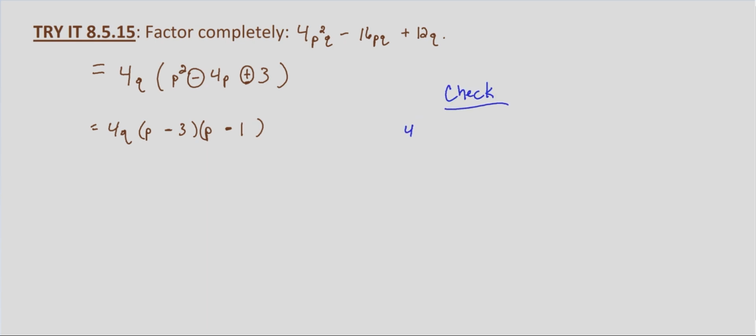So this would be 4q times p is p squared. Outside is minus 1p. Inside is minus 3p. And then the last term's negative 3 times negative 1 is plus 3. So that equals 4q times p squared minus 4p plus 3.